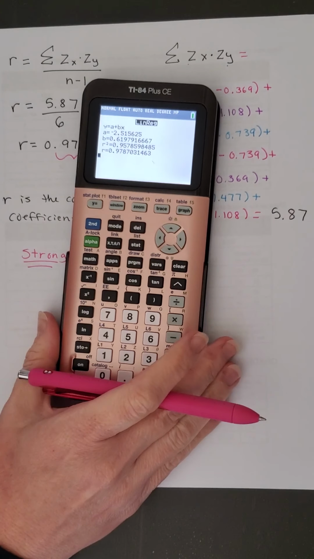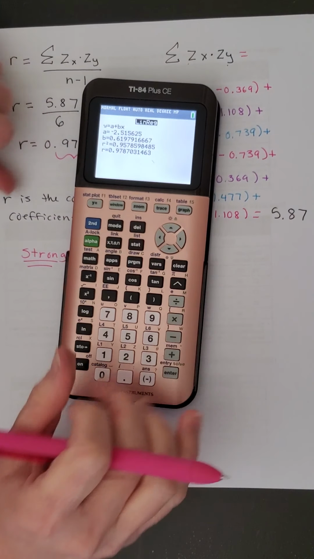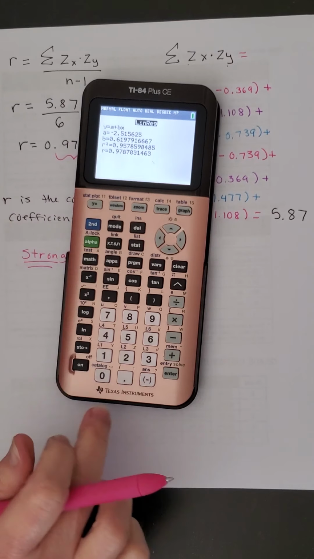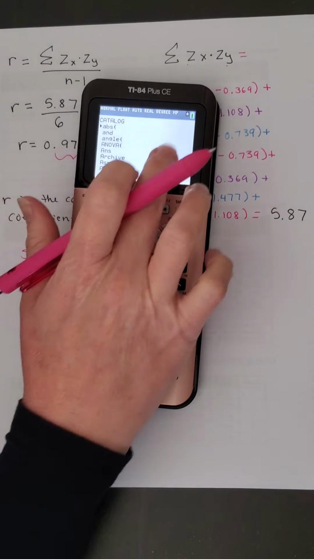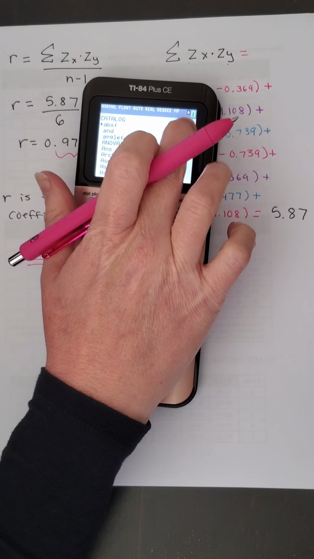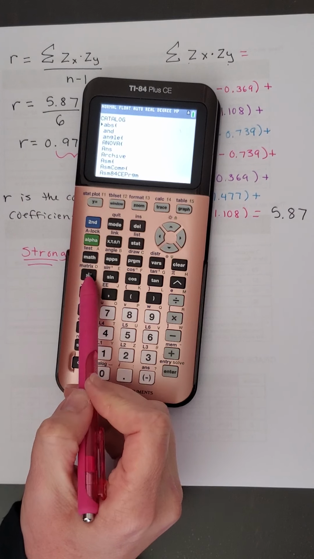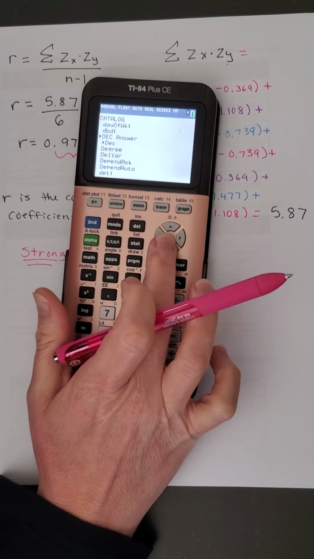Now, for anybody who does not have an R value here, what you need to do is turn your diagnostics on. So you need to go to second, catalog. You need to go down to the letter D. Now you notice it's already in alpha. It says A right there for alpha. So you can just type in the letter D. The letter D is right here in green. And go down to diagnostics on.